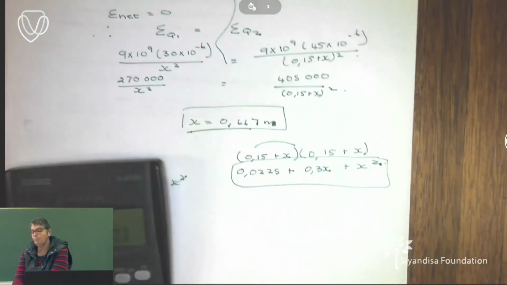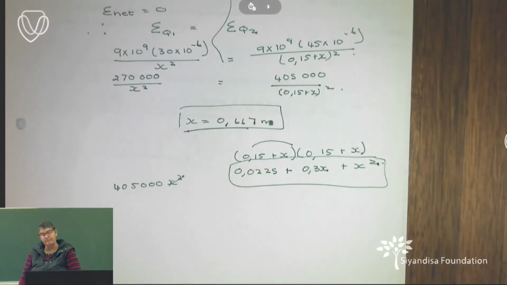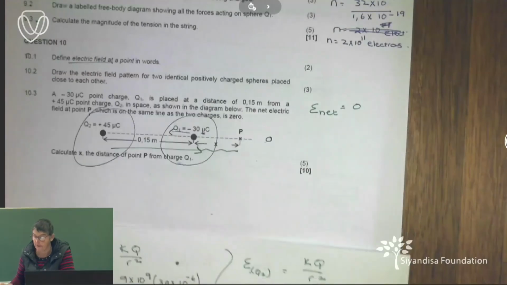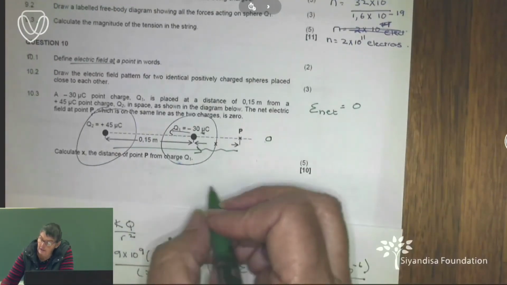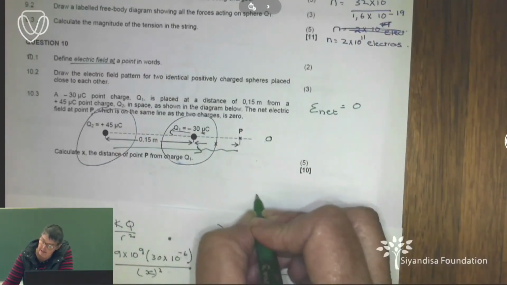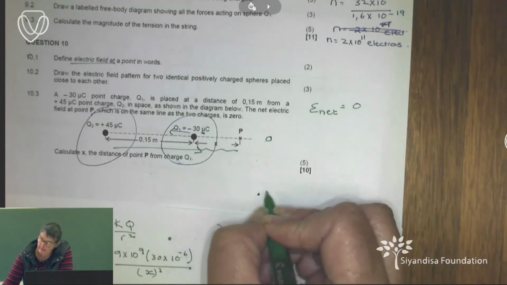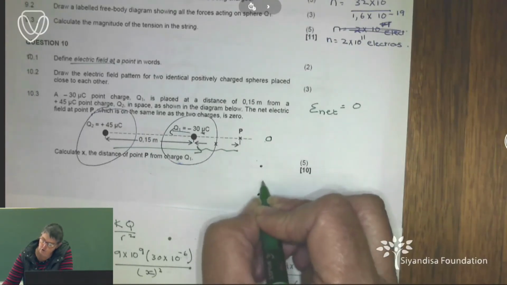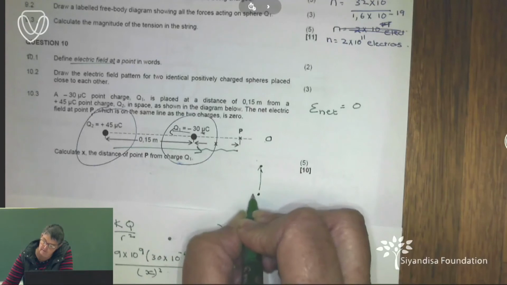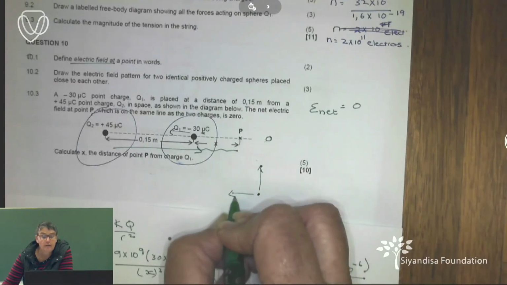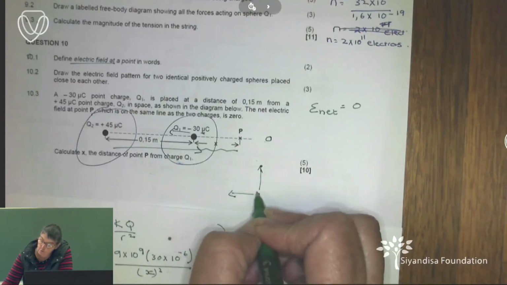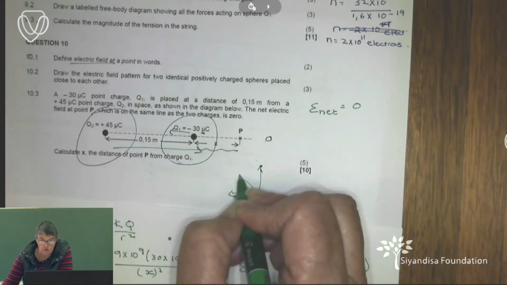Now your big problem here also comes, Patrick, when you have these at angles to one another. You then need to remember that if you had one here, in other words, if you had a charge moving in that direction and in that direction, now you would have the resultant.